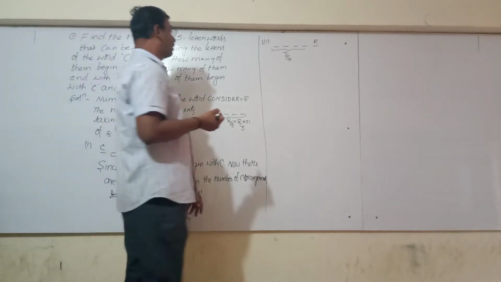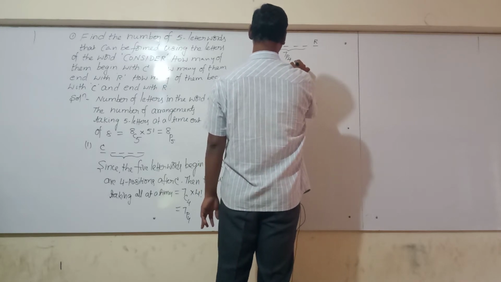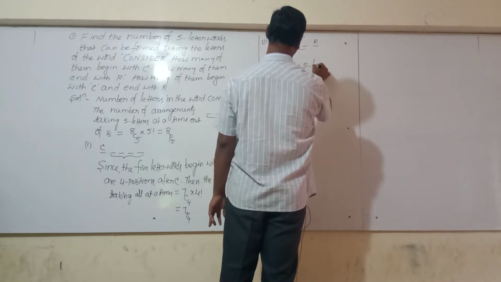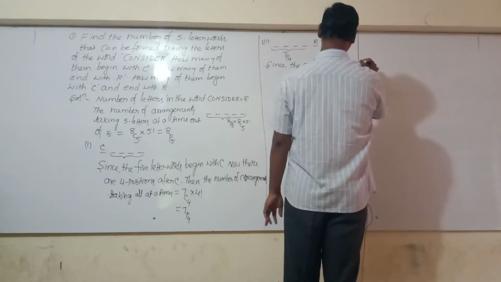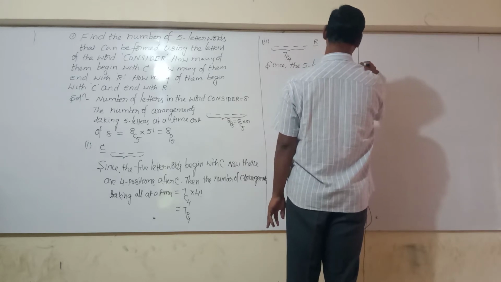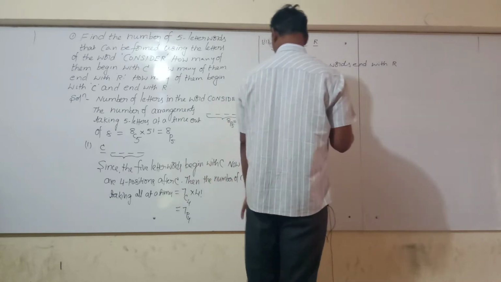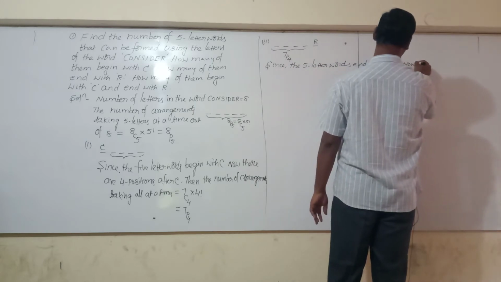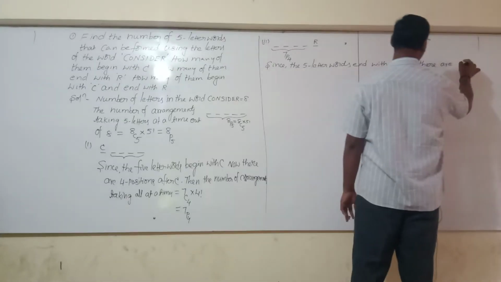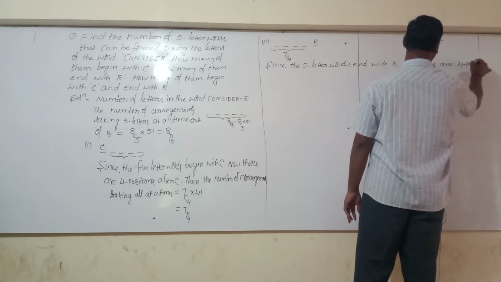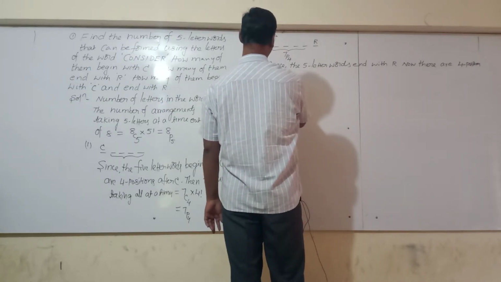Now write the concept. Since the 5 letter words end with R, now there are 4 positions before it.